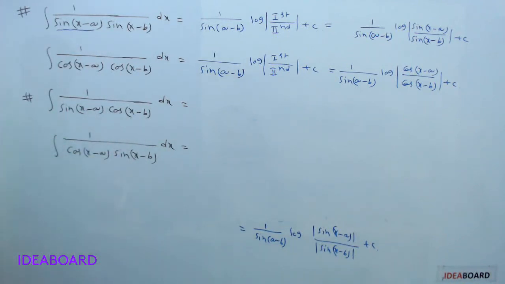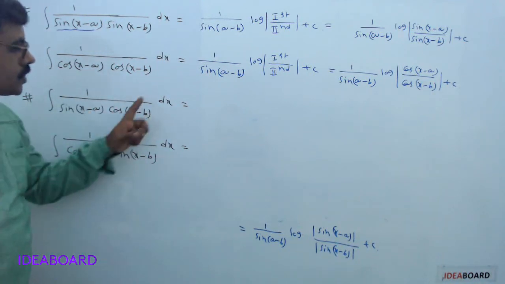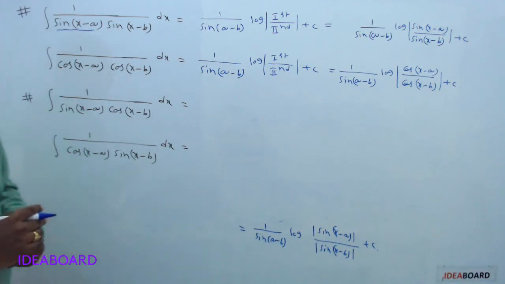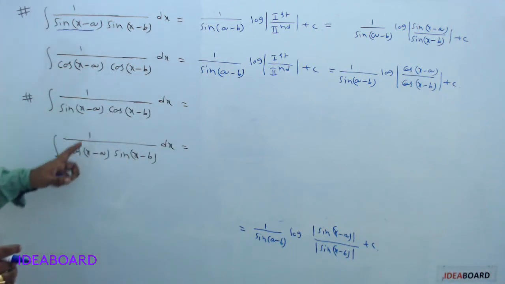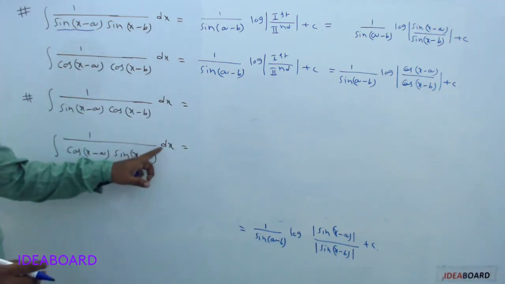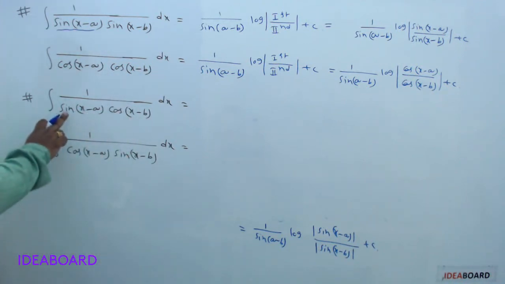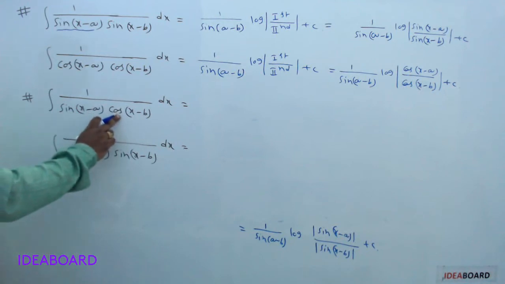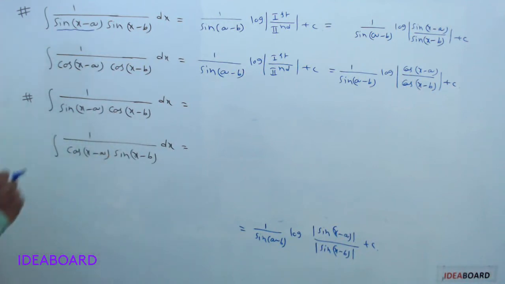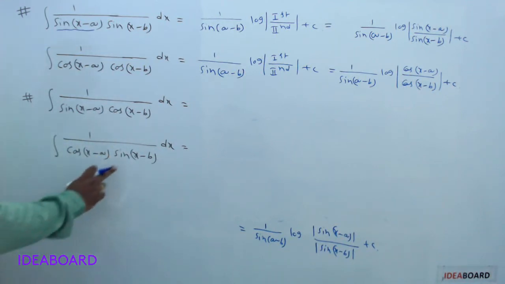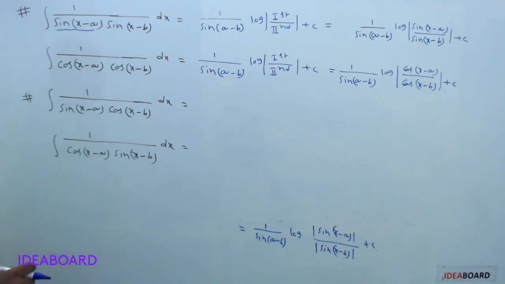Then come to these two. Integral 1 divided by sine of x minus a into cos of x minus b dx. And in this one, 1 divided by cos of x minus a into sine of x minus b dx. In the denominator, here the first function is sine, the second function is cos. In this one, the first function is cos, the second function is sine.